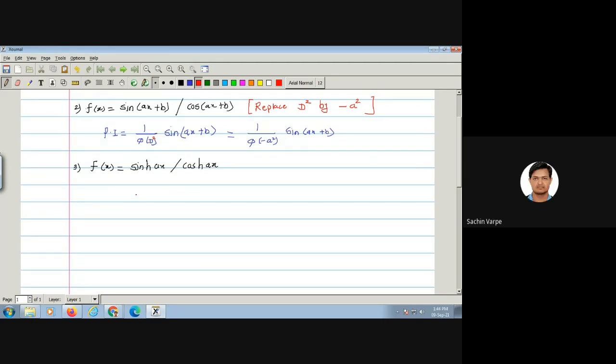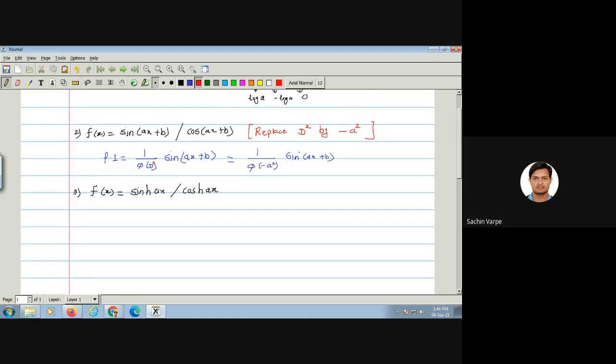Normal sine and cos are the circular functions, because when we square and add them, we get the identity 1, which we can correlate with the equation of the unit circle. That is why sine and cos are called circular functions. Similarly, if we square and subtract these two, we will get the equation of a hyperbola. That is why these are called the hyperbolic functions.